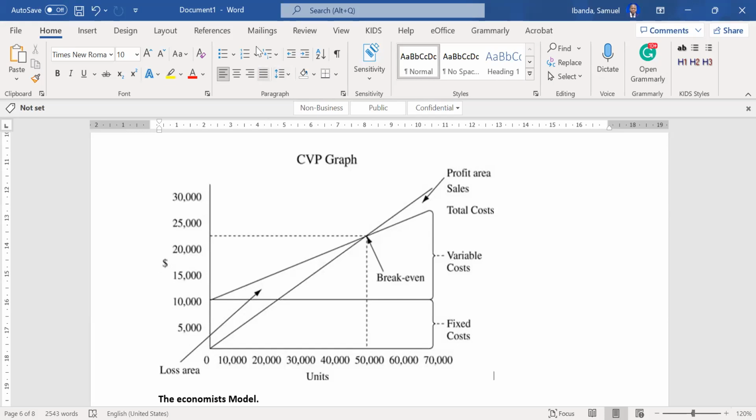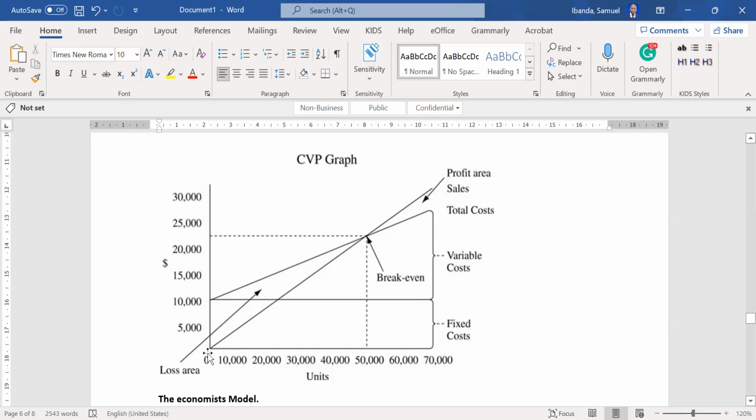So what this means is that at 0, if quantity is 0, we basically have 0 revenue. But that is not the case for our costs.